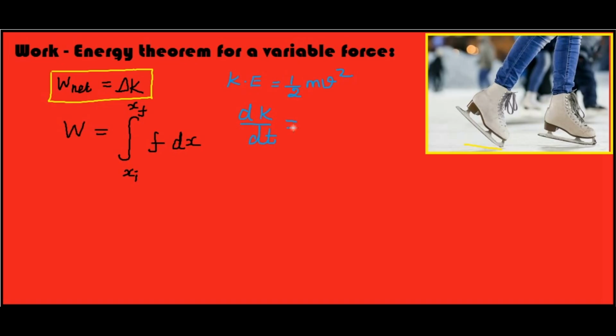With time, how the kinetic energy is going to vary. So dK divided by dt is equal to d by dt of half mv square, where the half is going to be constant and m is also going to remain constant, so that dK divided by dt is equal to m into dv divided by dt into v.